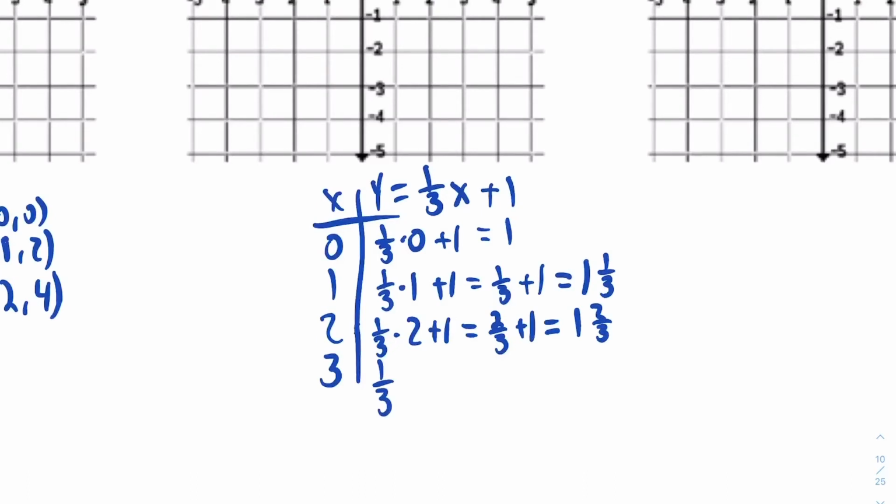Finally, 1/3 times 3 plus 1 is equal to 3/3 plus 1, which is 1 plus 1, which is 2.